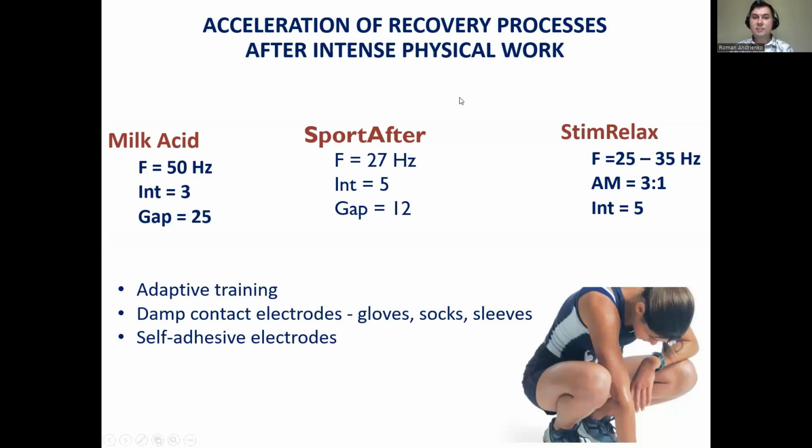How do we accelerate the recovery process after the intense physical work? So this is the correct complex of procedures if you want to go fully into that. First, we do the milk acid, then the sports after, then the steam relax, which provides for adaptive training, which is great to use with conductive gloves or socks.